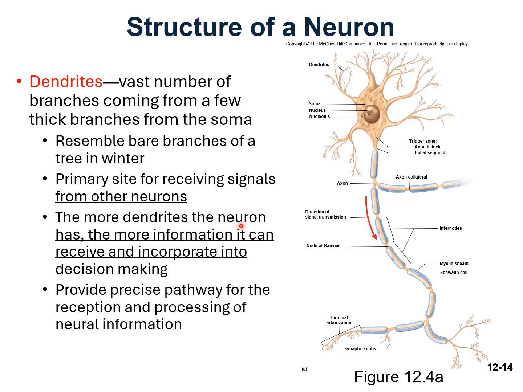The more dendrites a neuron has, the more information it can receive and incorporate into decision making. It can receive a signal that says, hey, we need to activate ourselves. It can receive another signal that says, no, we don't. So this is how a neuron can start processing information.